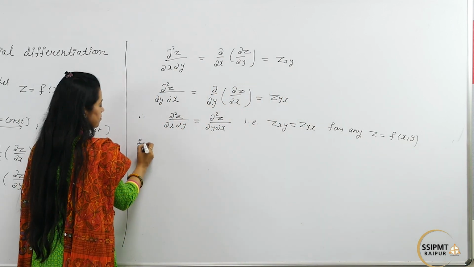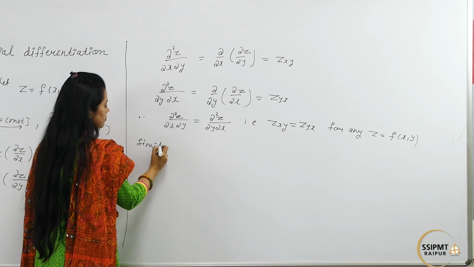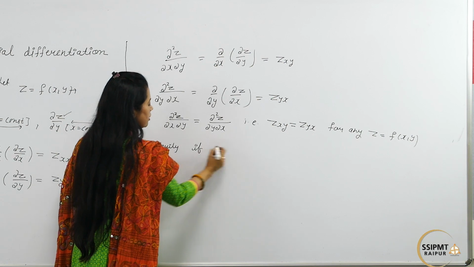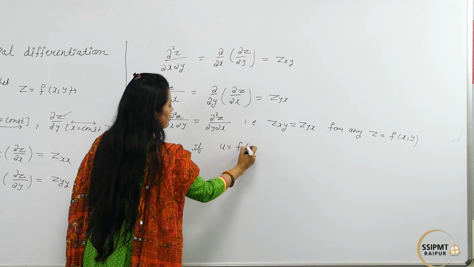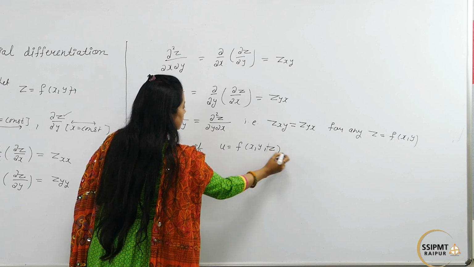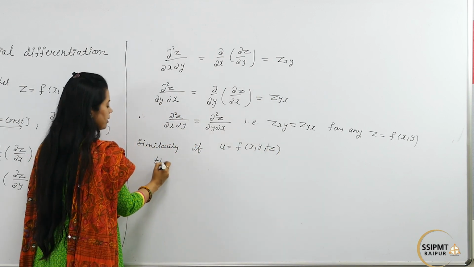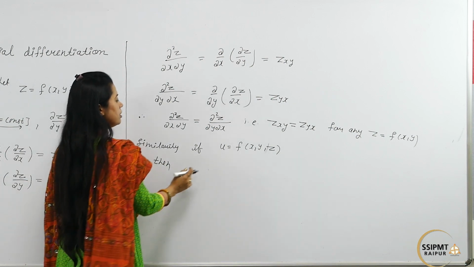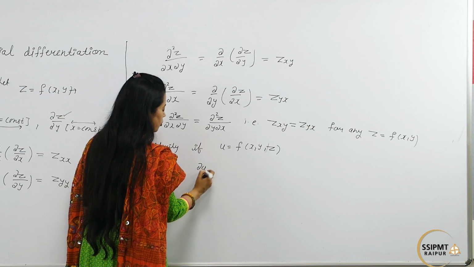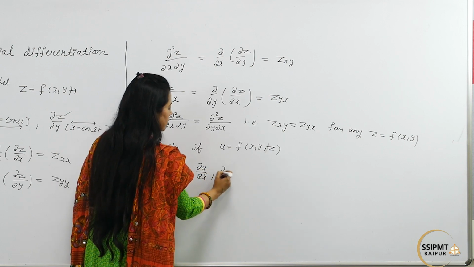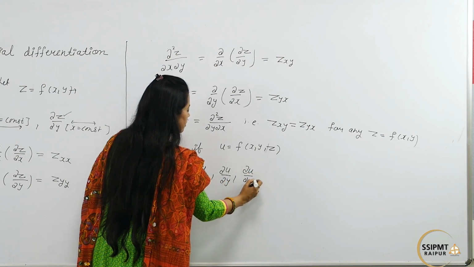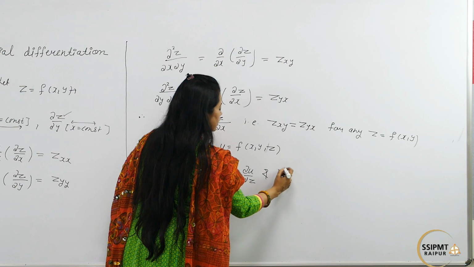Similarly, if u is a function of x, y and z, then it can be differentiated with respect to x, y and z as well. Meaning we can find del u by del x, del u by del y, del u by del z, and higher order derivatives.